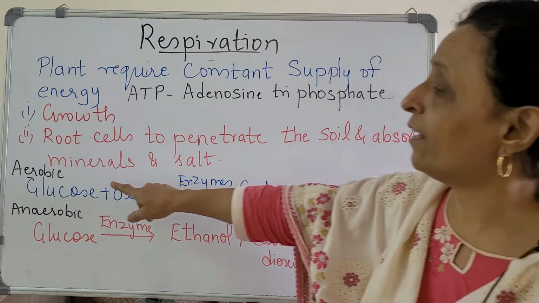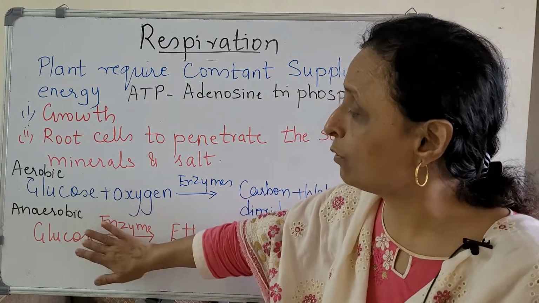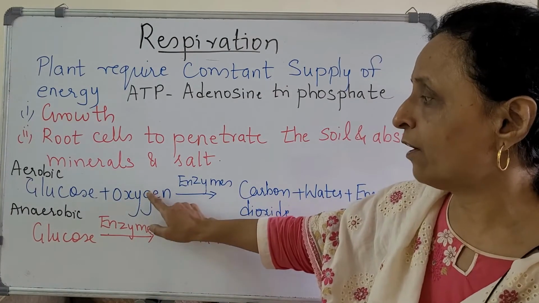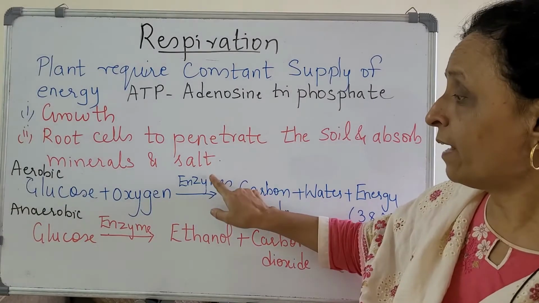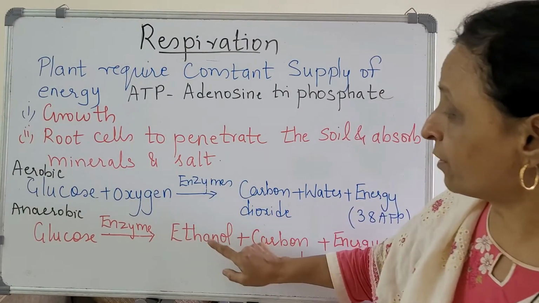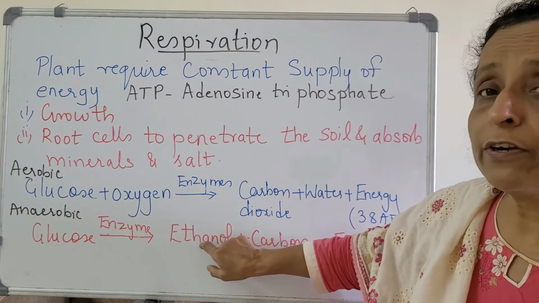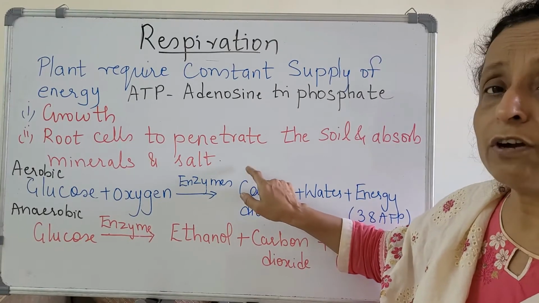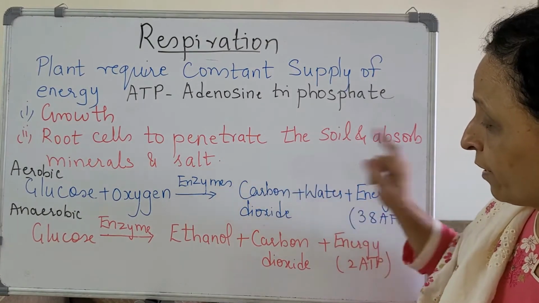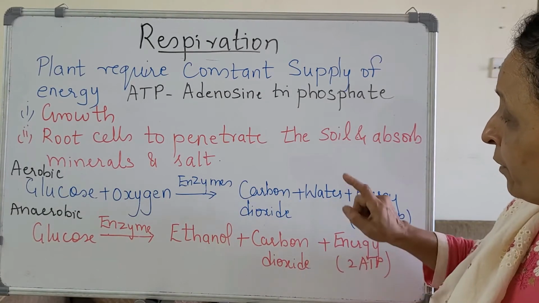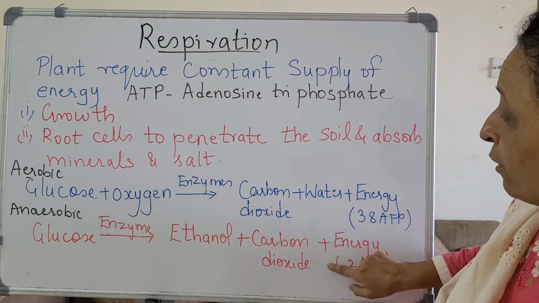So here aerobic, glucose same. Here oxygen is present, here oxygen is absent. Enzyme is here, enzyme is here. Now ethanol is not produced in aerobic respiration, ethanol is produced in anaerobic respiration. Carbon dioxide is produced, carbon dioxide is produced. Water is produced, here no water.